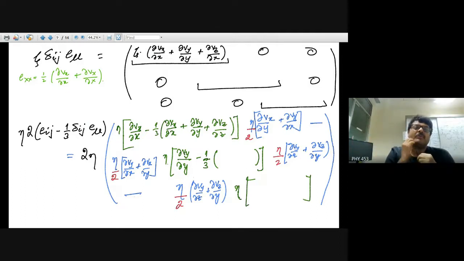Now for normal simple fluids, this will be equal to 0. I mean, the diagonal terms will be equal to 0, so that only the off diagonal terms act.